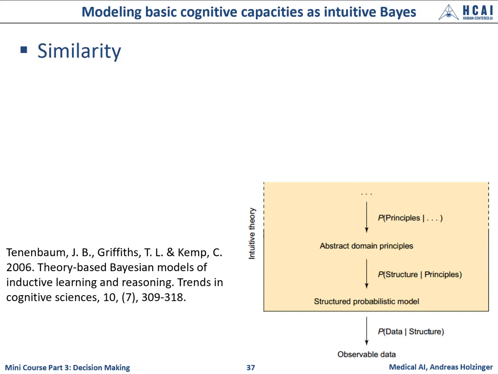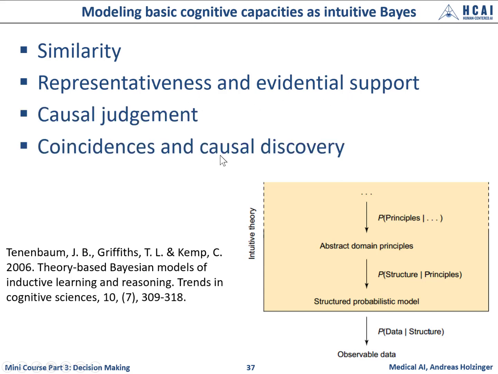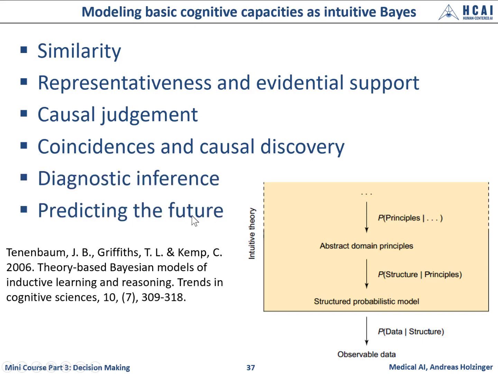So this is similarity, for example, or representativeness and evidential support, causal judgment, coincidences and causal discovery, diagnostic inference, and of course predicting the future. This is exactly the goal of medical artificial intelligence, medical AI, machine learning. This is the topic of our course.